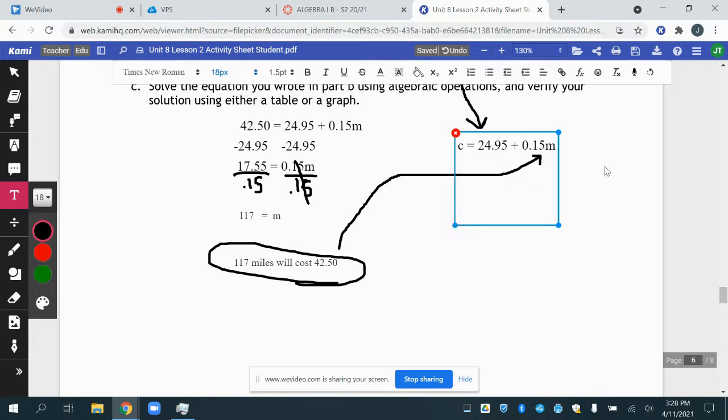Okay, C equals 24.95 plus 15 cents times 117 miles.